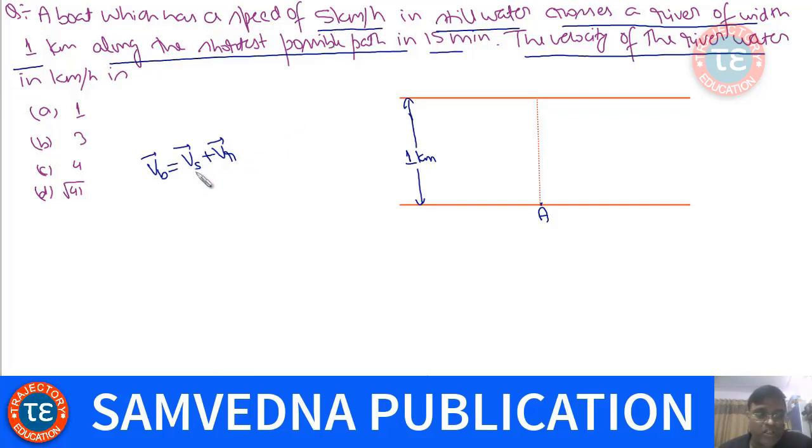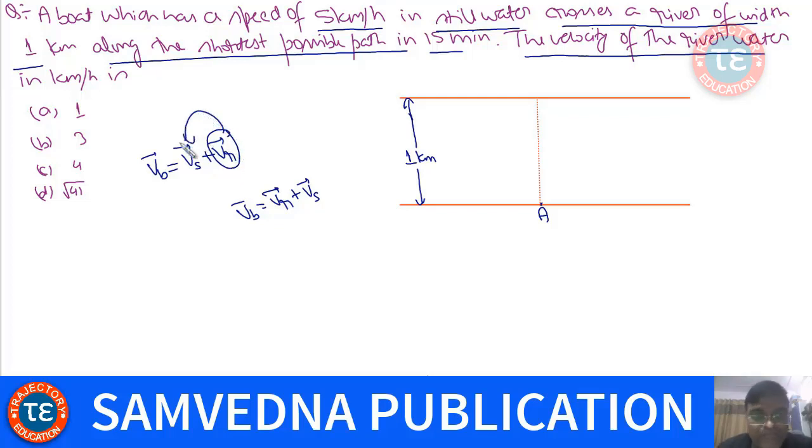So the velocity of the boat is 5 km per hour, and the velocity of the river which the boat will always inherit. When the engine of the boat is off, then also the velocity of the boat is equal to the velocity of the river. When the engine is running, you will have additional velocity, and the velocity of the boat and the velocity of the river will get added together.